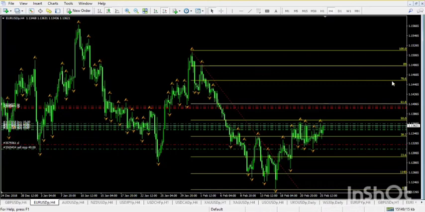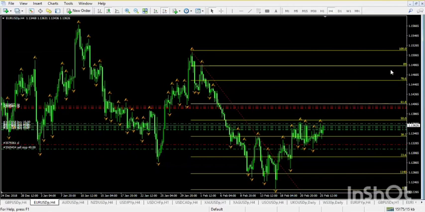You see, the first thing that you can use is Fibonacci numbers. These two are very, very important. When I'm drawing Fibonacci myself, I'm only looking at 78, 89, and 38 level. And I don't look at 50 or 61 level that much.